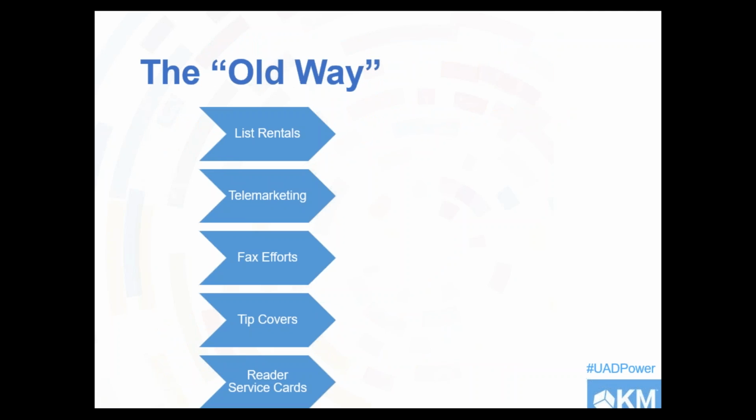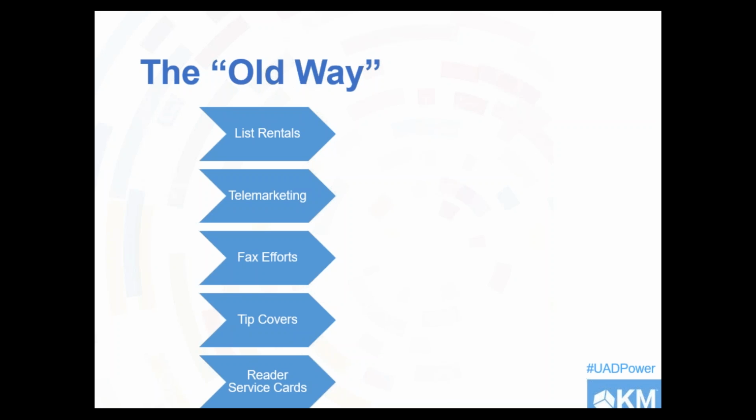So the old way of how we would typically gain print subscriptions was list rentals. Obviously, we would go out, purchase a list, have telemarketers call on them, and cross our fingers and pray that these individuals would subscribe and qualify. Telemarketing is still a huge part, but it used to be one of the main things that we would always go to first and foremost.